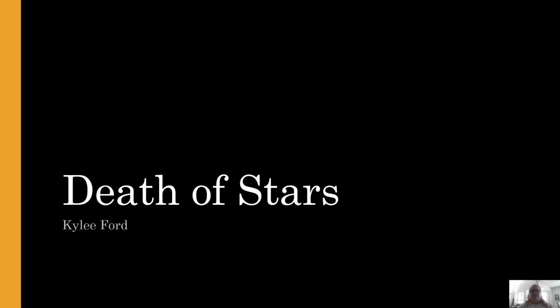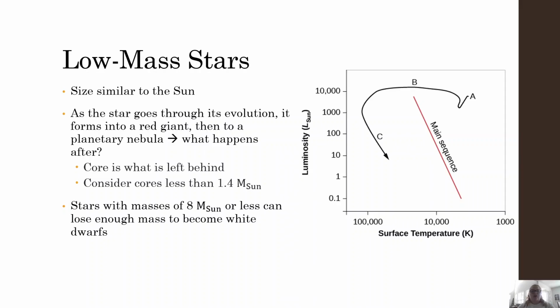Today we are going to continue our discussion with stars and stellar evolution by talking about the death of stars. So let's first talk about low mass stars. A low mass star is considered to be a size that is similar to the sun, and as the star goes through its evolution, it forms into a red giant, as we saw in our last lectures, and then a planetary nebula.